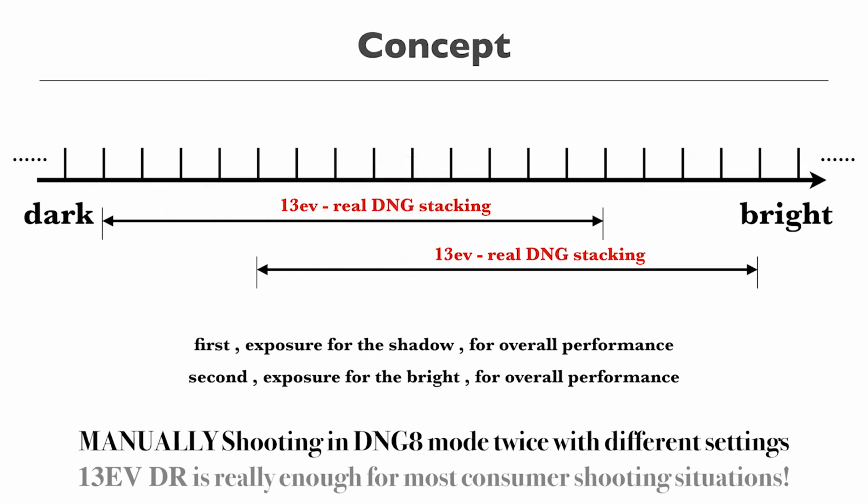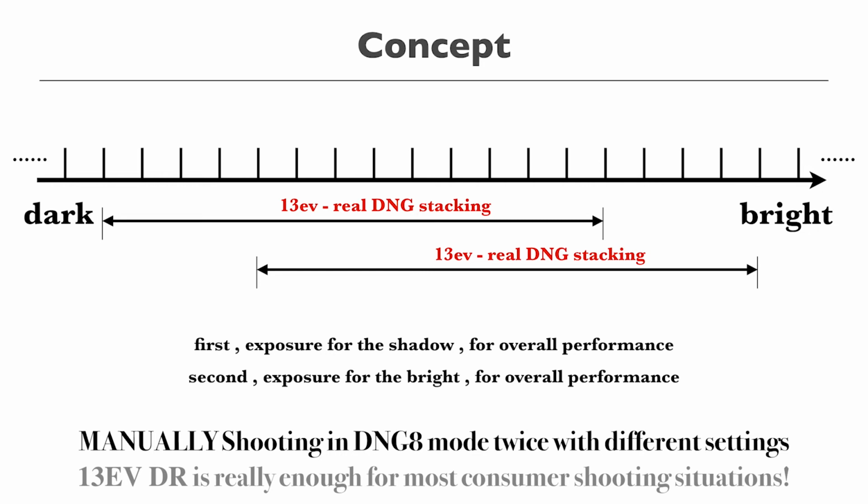Honestly speaking, for the DNG8, we already have the 13 EV dynamic range. The 13 EV dynamic range is really good enough for most consumer shooting situations like yours and mine. But if you want to extend further, you can shoot like this: manually shooting in DNG8 mode twice with different settings. Somebody will want to ask, can we shoot more times?